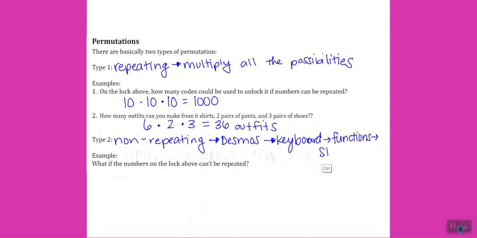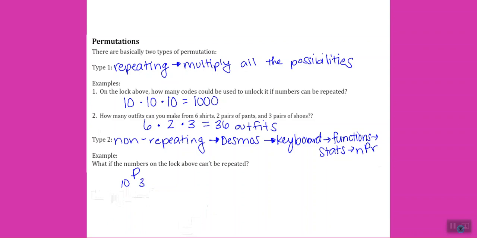You're going to go to the Stats tab. And we're going to select where it says NPR. P standing for permutation. So what if the numbers on the lock can't be repeated? We have 10 numbers. We want a permutation of 3 of them.